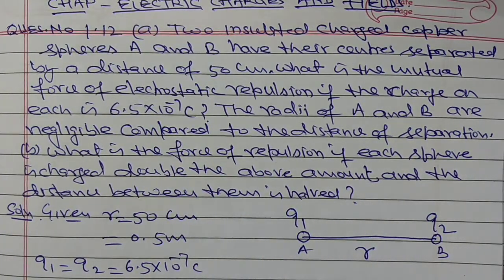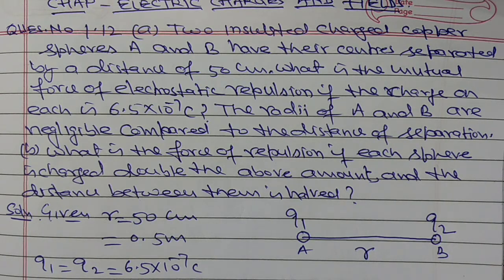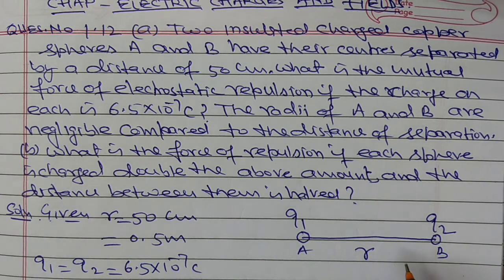Charges on each, Q1 is equal to Q2 is equal to 6.5 × 10⁻⁷ coulomb.